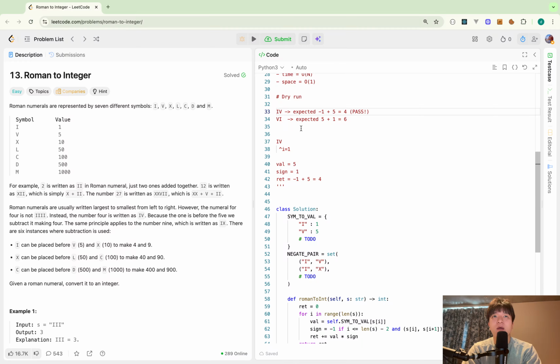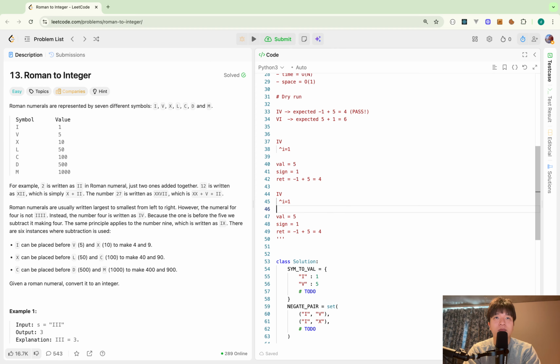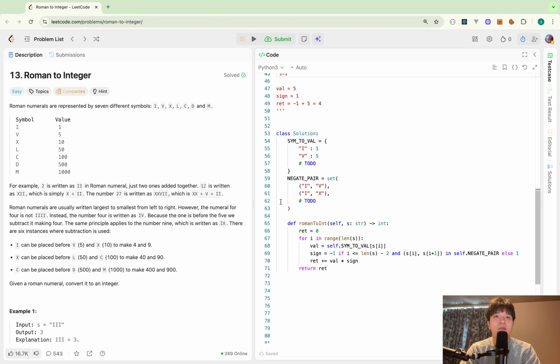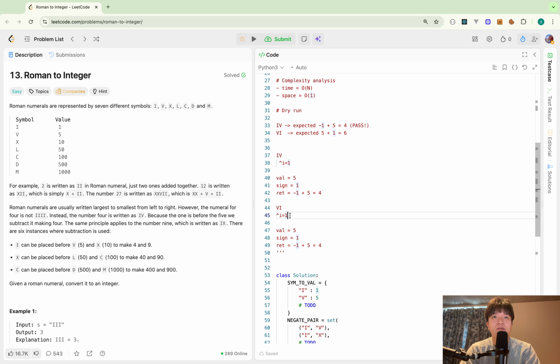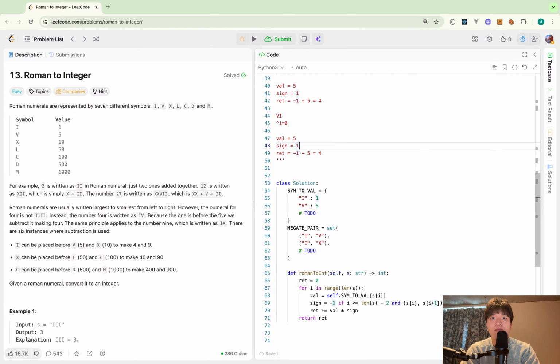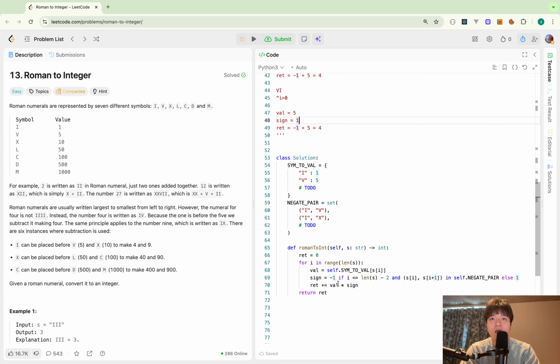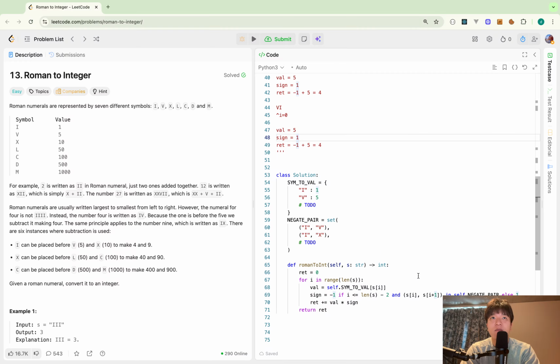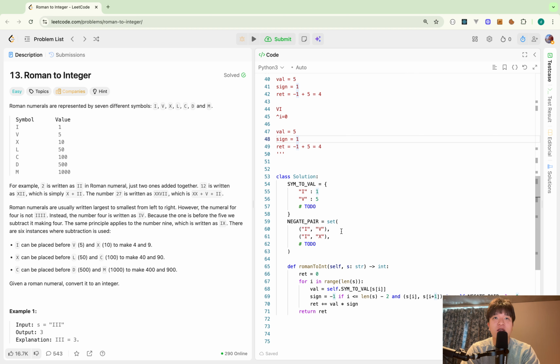Okay, run this next one. Oh, I actually could check it. So my concern was, sorry, my test perspective is that, okay. No, sorry, let me check it. So i is 0 and bar should begin with 5, and sign should be 1 because i is in the range, but s i plus 1, VI, should not be inside of these negative pairs.